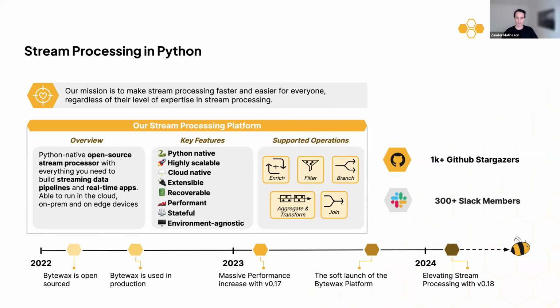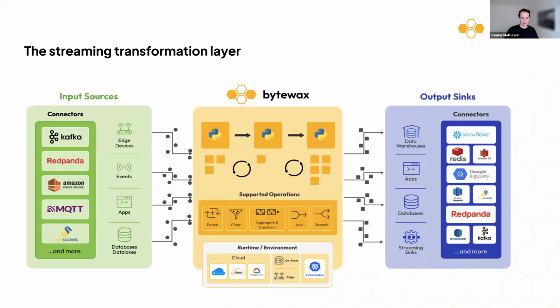Since then, we've been building more features, like adding joins in the most recent release, v0.718, so you can have multiple disparate input sources. We also recently launched the Bytewax platform, which is our commercial offering, but I won't bore everyone with the details of that because you came to learn about how we can build things with Bytewax.